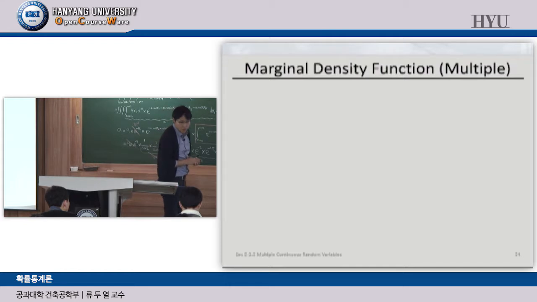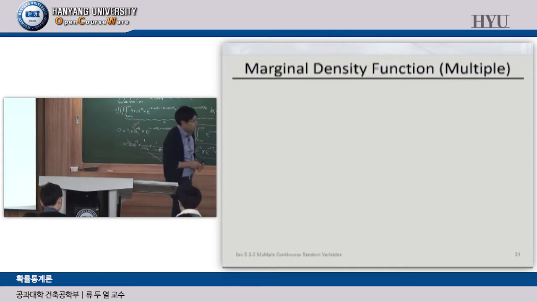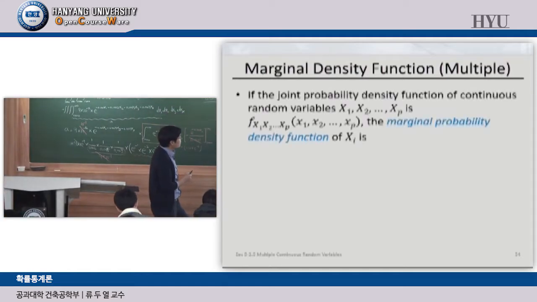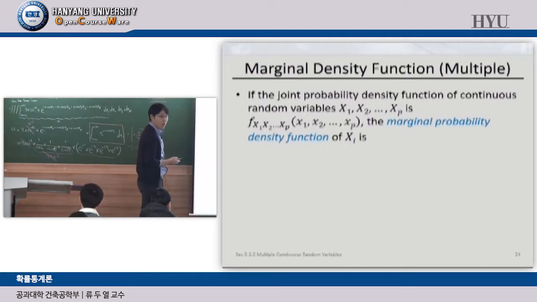And now we are going to discuss the marginal probability density function for the case of multiple random variables. If the joint probability density function of continuous random variables x1 to xp is expressed by the following equation, f(x1, x2, ..., xp), that is the joint probability density function for these multiple random variables.